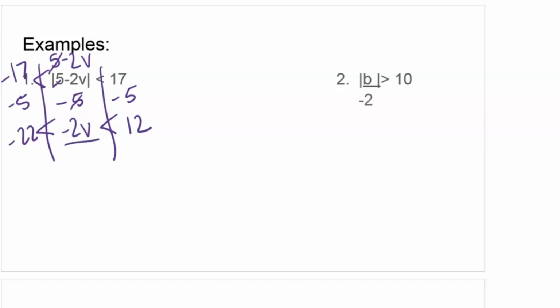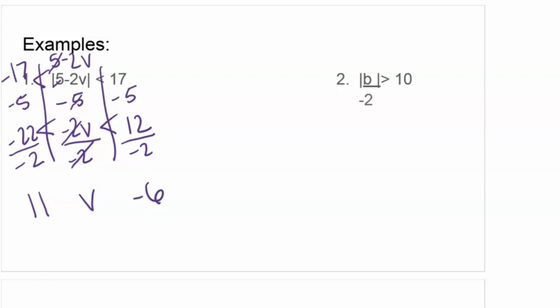So then I would divide by negative 2. Do the same thing in all 3 sections. So negative 22 divided by 2 would be a positive 11. I'm going to hold off on the signs for a second. Well, let's just figure out the numbers first. So those negative 2's cancel, so I have a v in the middle. And then 12 divided by negative 2 is negative 6.